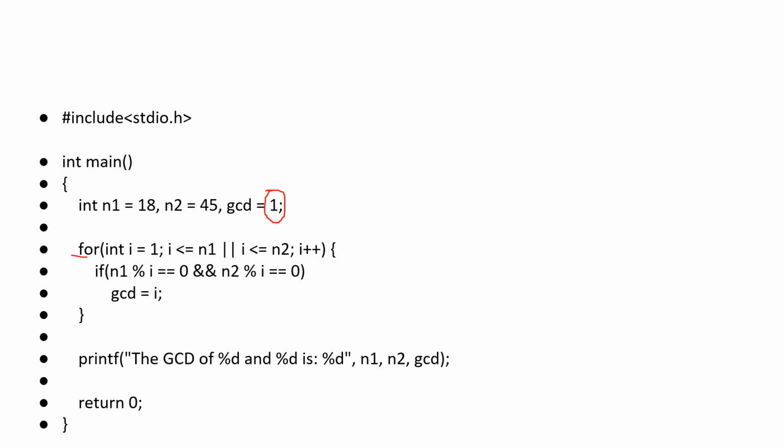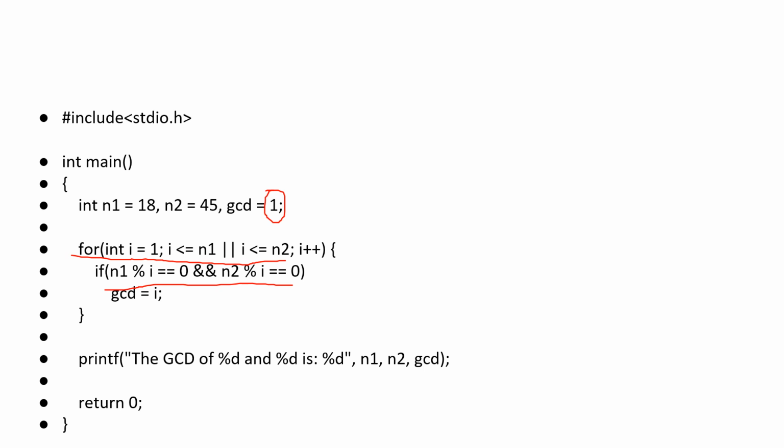In the for loop, we check whether the i value is less than both the numbers. Inside the if condition, we check whether the numbers are divisible by i, for example n1 percentage i. If n1 is 10 and n2 is 20, it checks that 10 percentage 1 is equal to 0 and 20 percentage 1 is equal to 0.